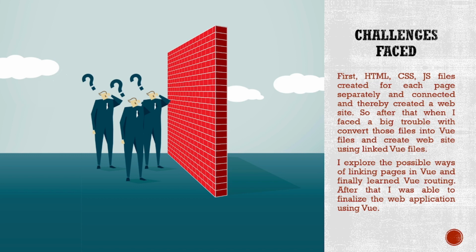So, challenges faced. If anyone has created or is creating a website, they will surely face challenges. When creating my website, I also faced challenges. First, HTML, CSS and JavaScript files, without Vue. First, HTML, CSS and JavaScript files were created for each page separately and connected, thereby creating a website.